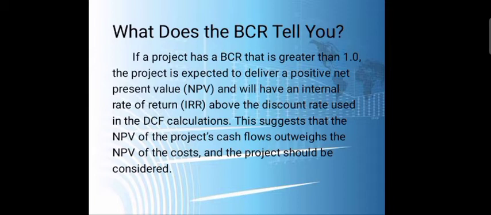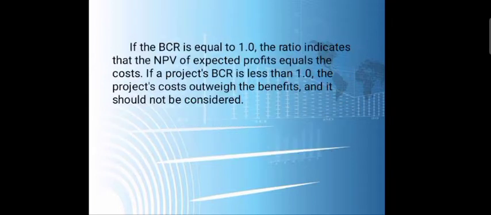This suggests that the NPV of the project's cash flows outweighs the NPV of the cost, and the project should be considered. If the BCR is equal to 1.0, the ratio indicates that the NPV of expected profits equals the costs. If a project's BCR is less than 1.0, the project's costs outweigh the benefits and it should not be considered.